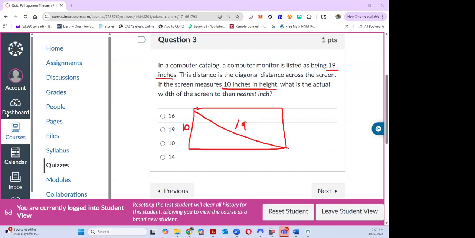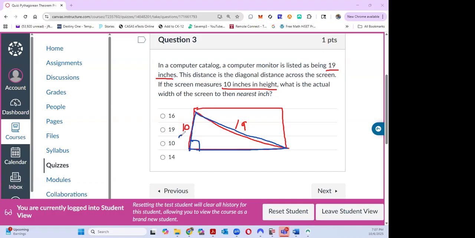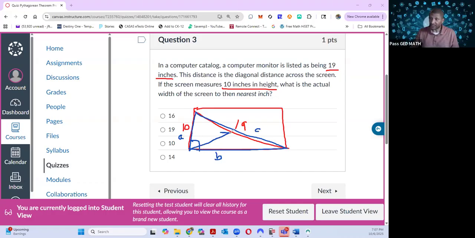What shape do you see right there? A right triangle. Right. This is my A, this is my B, this is my C. How do I know? Because the side opposite my 90 degrees is my hypotenuse. I know C and I know A. In order to find B, it's the square root of C squared minus A squared.